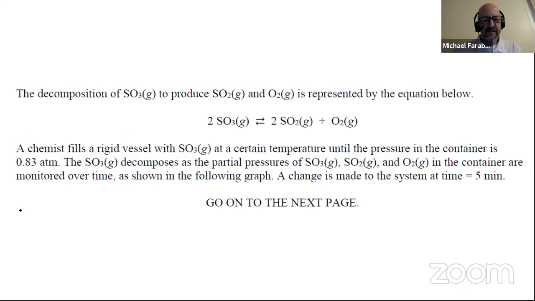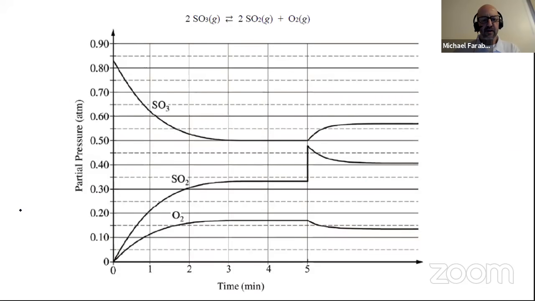All right. This has to do with an equilibrium between SO3, SO2, and O2. A chemist fills a rigid vessel with SO3, and then the SO3 decomposes. So in the graph on the next page, we see the SO3 decreasing over time, and then the products, SO2 and O2, increasing over time.